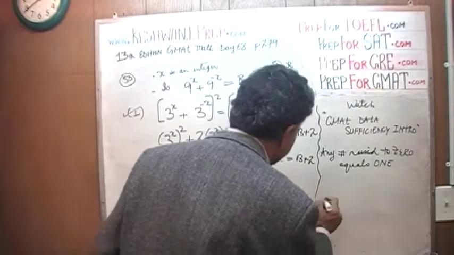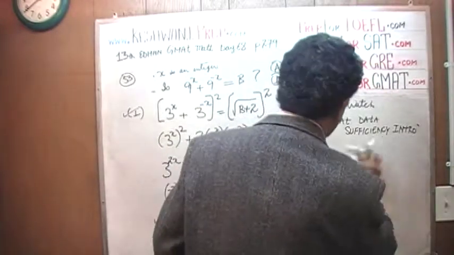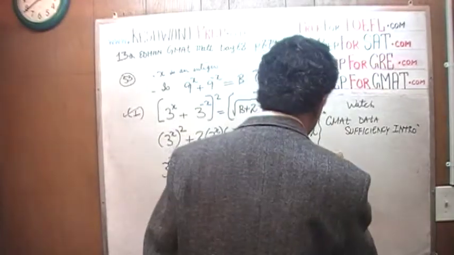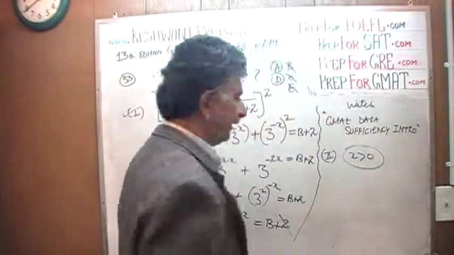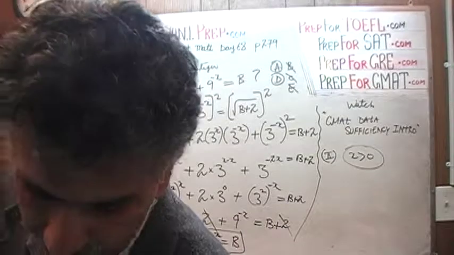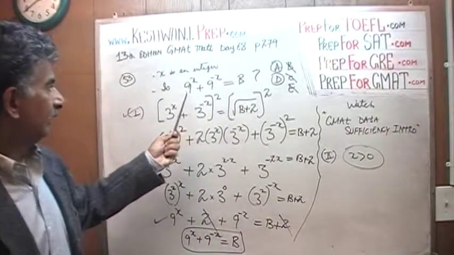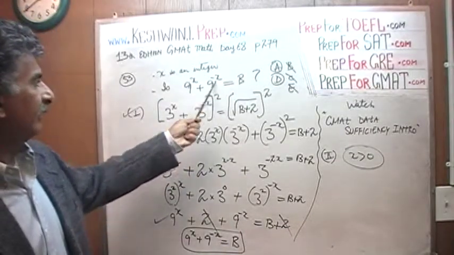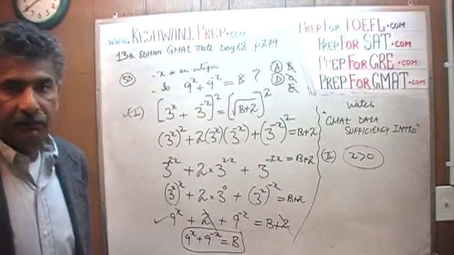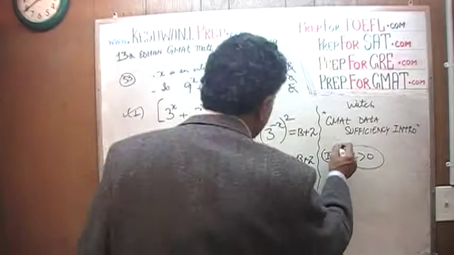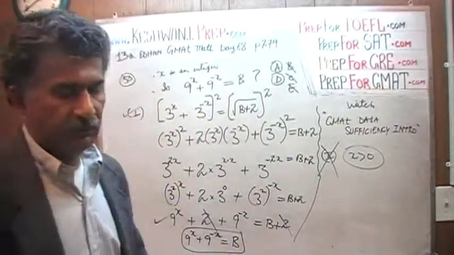Simply knowing that x is positive, how in the world is that going to help us answer this question? The question is whether 9 raised to x plus 9 raised to negative x equals b. X is positive. That doesn't do anything. The second statement is no good.